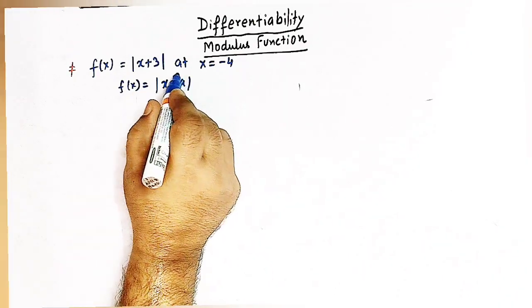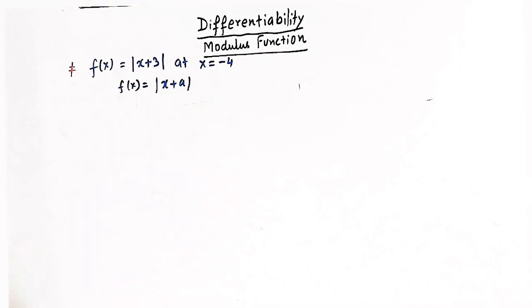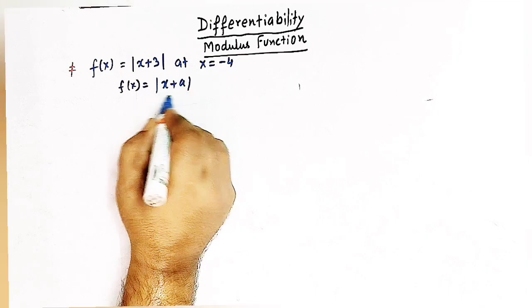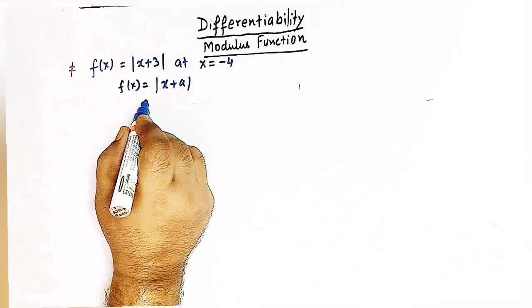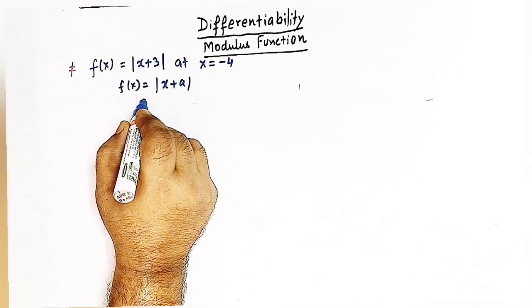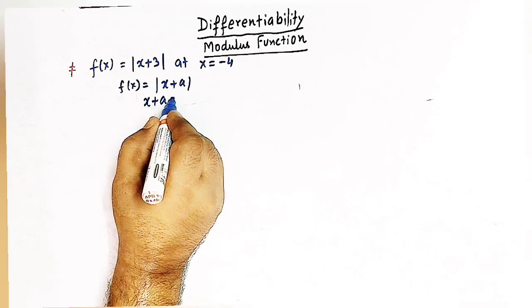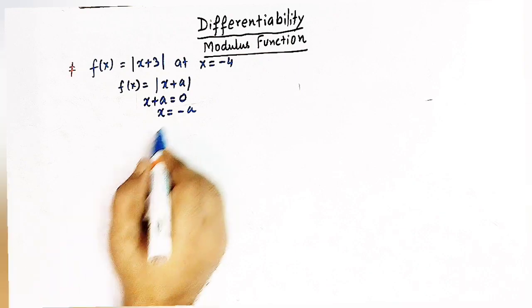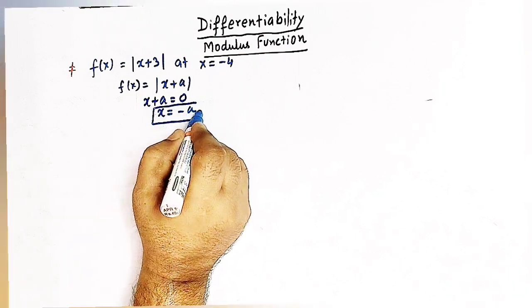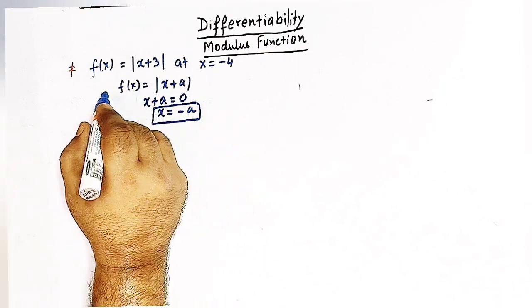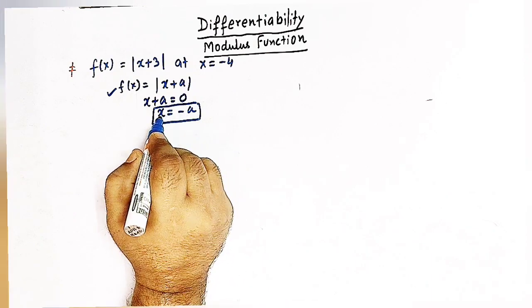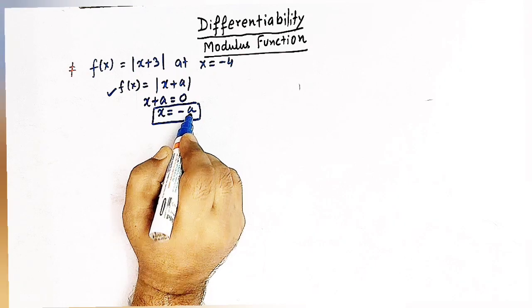Now this mod function is continuous for all values of x, but it is not differentiable at the point where x plus a is equal to 0, that is x is equal to minus a, right? So at x is equal to minus a, this function is not differentiable, but it is continuous.